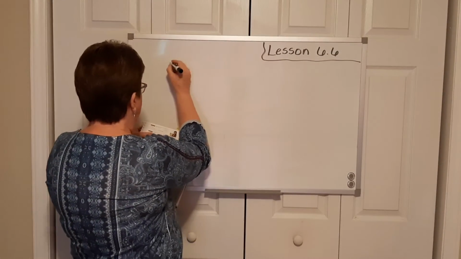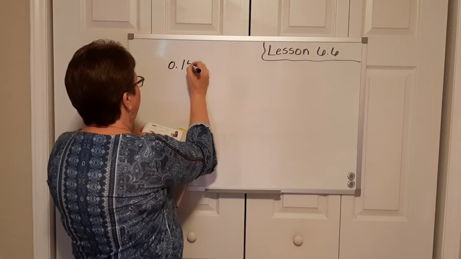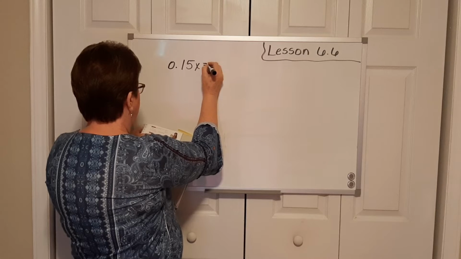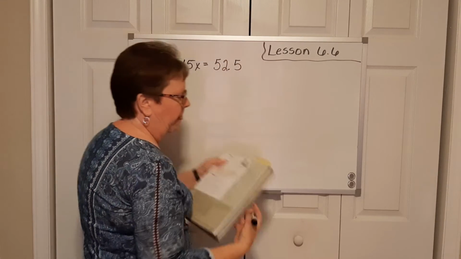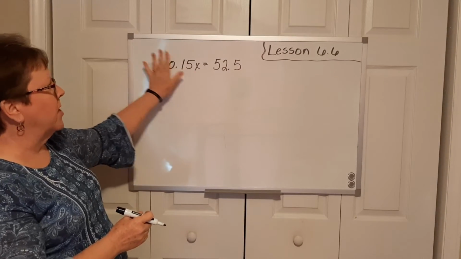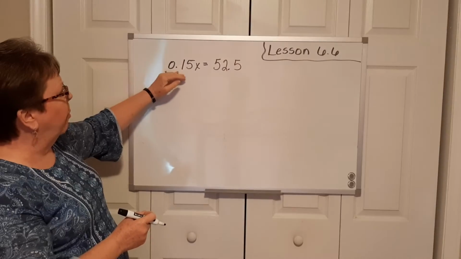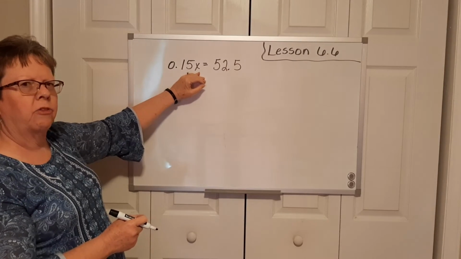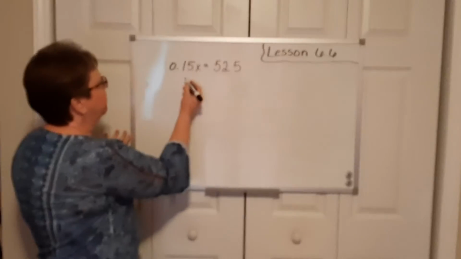This one's going to be with decimals, but we're going to be doing something different. 0.15x equals 52.5. Just a reminder, our goal is to get the x on this side of the equation all by itself. Now this was 0.15 times x, so the opposite of multiplying is dividing.